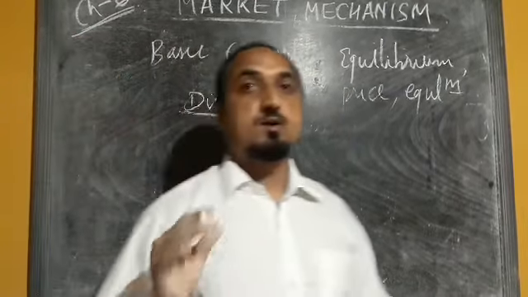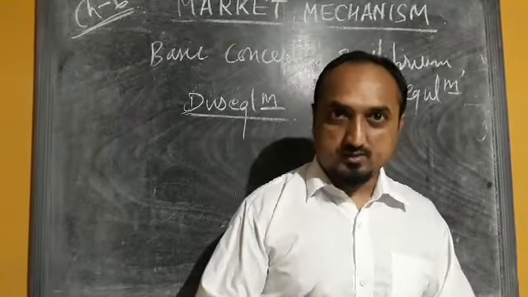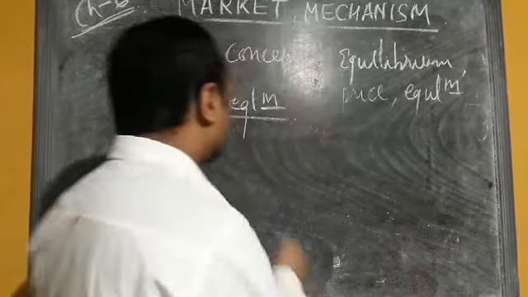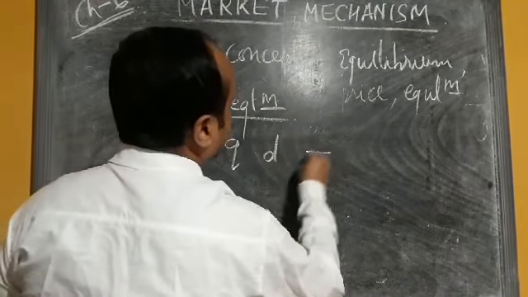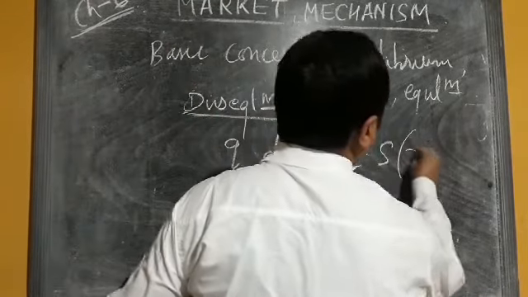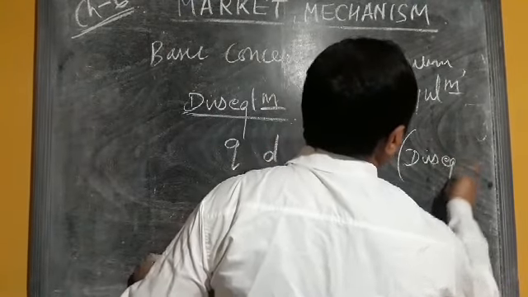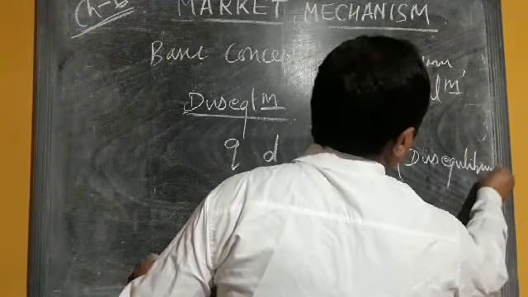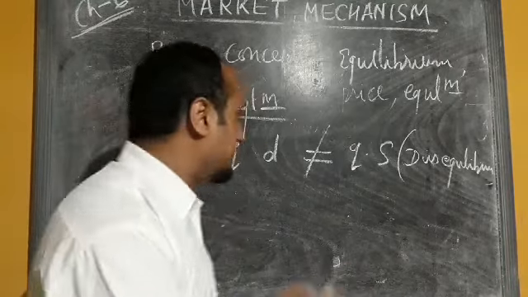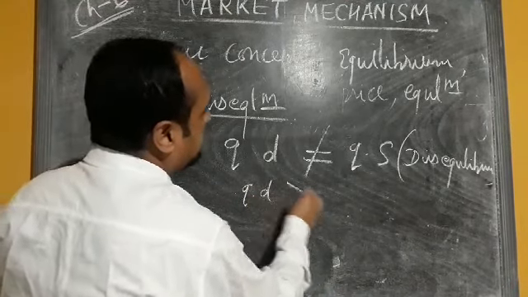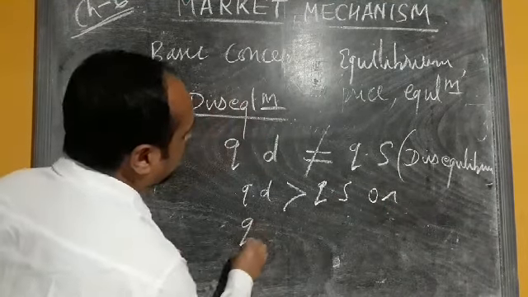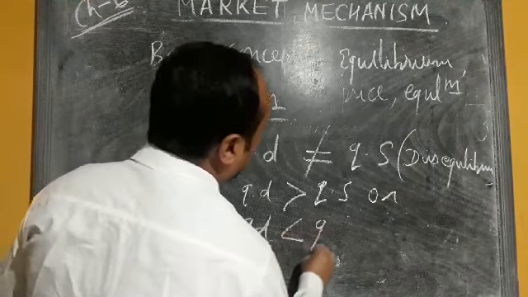Okay, so next concept we have disequilibrium. So here you have to understand what is disequilibrium. Disequilibrium is a situation where quantity demand and quantity supply are not the same.